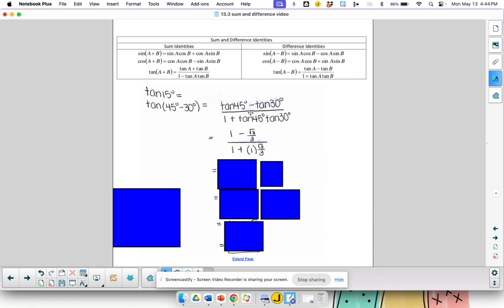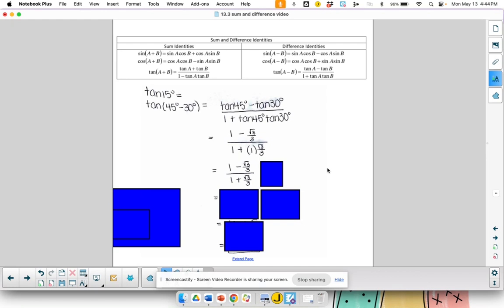I would put those numbers into my formula, but tangent of 30 is root 3 over 3. So now I have this fraction within a fraction. So I have two things I have to deal with. I have to deal with the complex fraction, and I also have to deal with rationalizing the denominator.